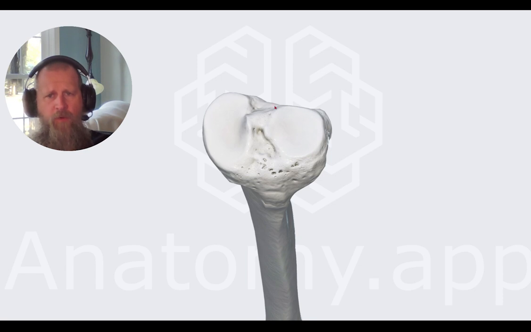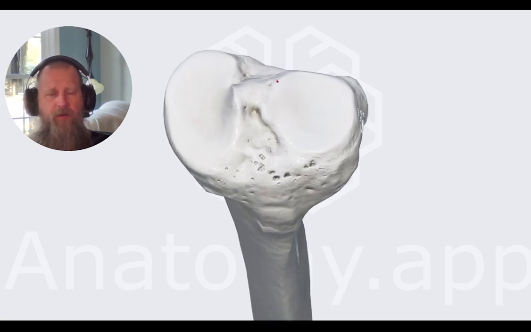Now this whole portion here is going to be called the tibial plateau. This is the tibial plateau here, and the tibial plateau includes the condylar surface, but it also includes this little raised structure right here known as the intercondylar tubercle, right? So we have a medial intercondylar tubercle and a lateral intercondylar tubercle here.